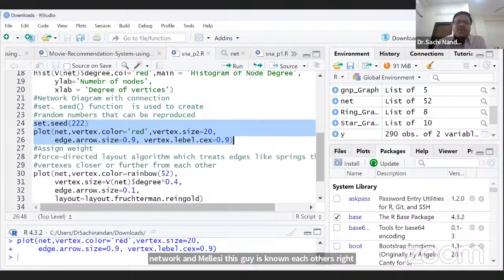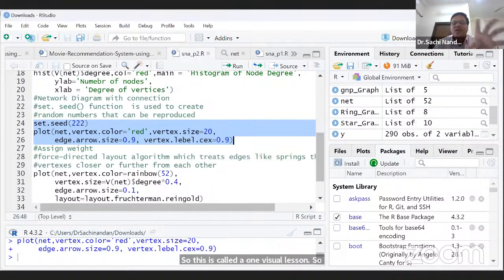This guy FC doesn't know anyone. DB knows the FC because DB sent a friend request to FC. GC knows the AA because GC sent a friend request to AA. So this is called one visualization. Here all 52 data points are clubbed together, and you can visualize all the 50 data points and who connects to others.